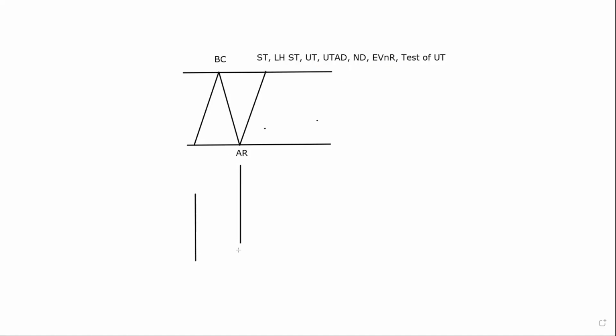Now the AR volume becomes larger than this one. The larger volume just breaks down here. It says that the buyers are coming.